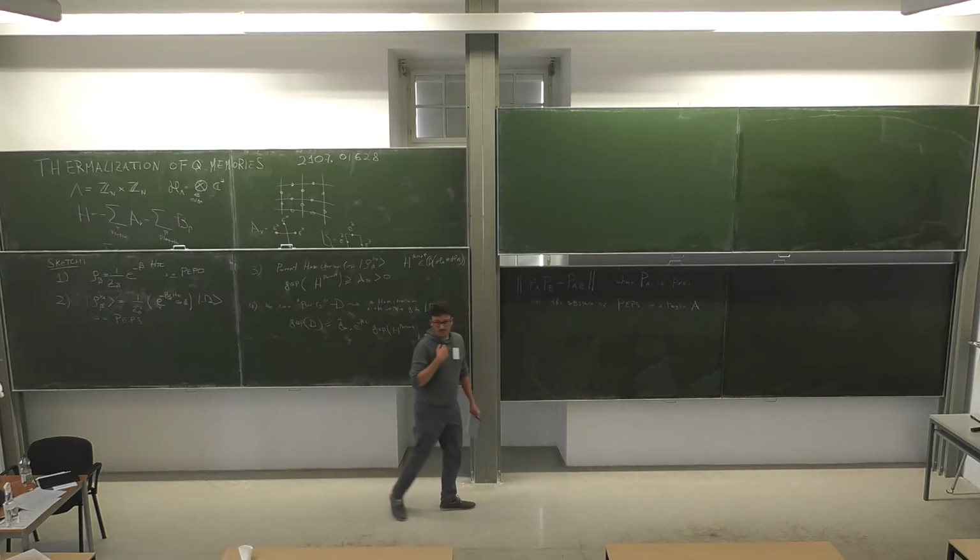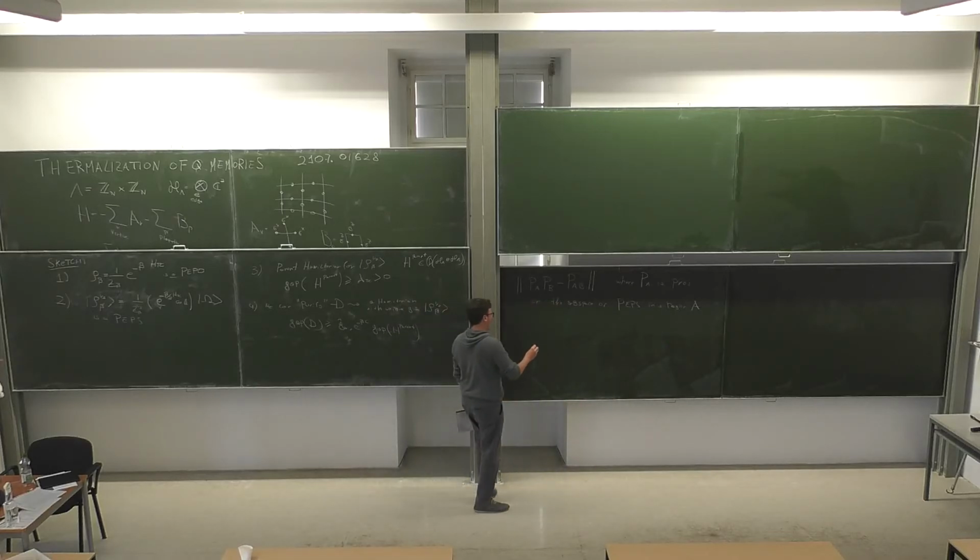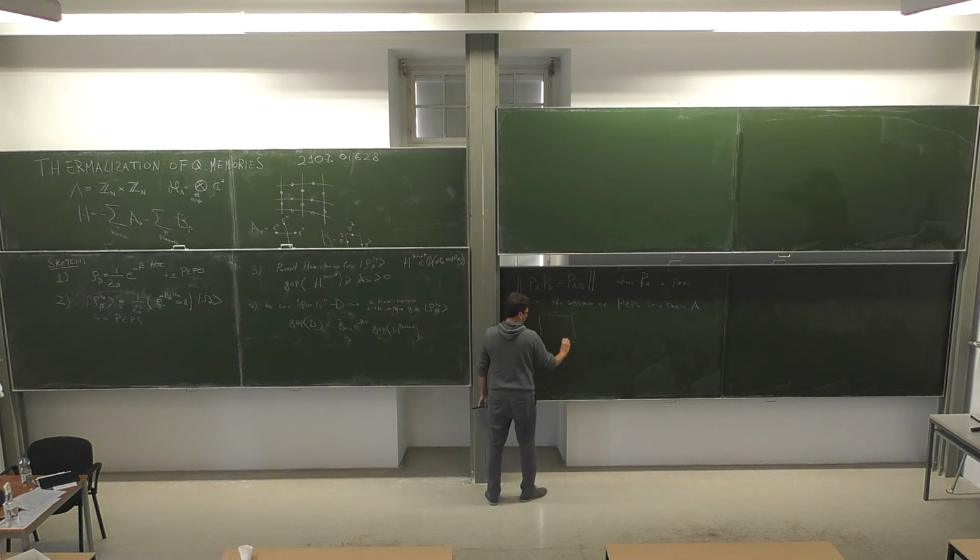I'm thinking of a tensor network now, for example, in a square lattice. It's a region A. What you can do is tile it with your PEPS tensor, and contract all the virtual indices.